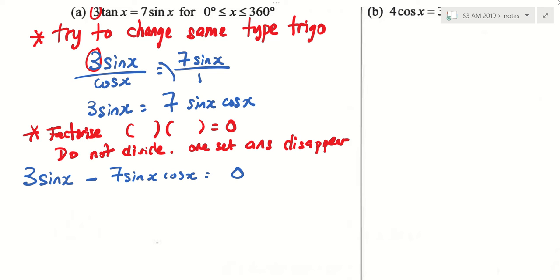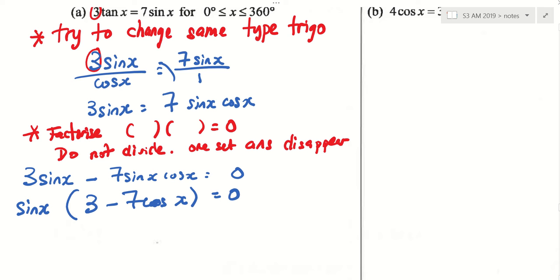Now, once you move it over, I have two terms. Is there a common trigo? Take out the sine x. So I take out the sine x. What is left inside the bracket? 3 minus 7 cosine x.